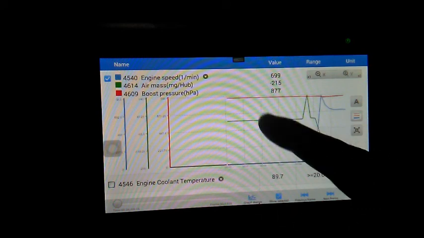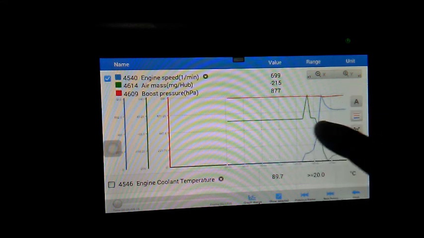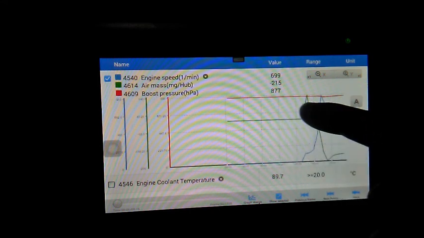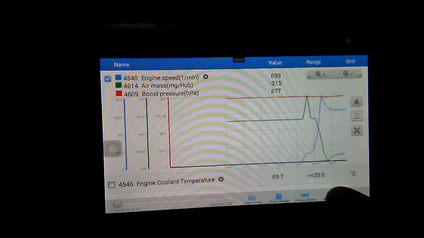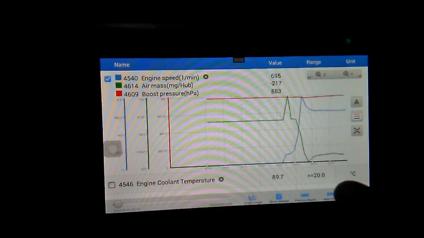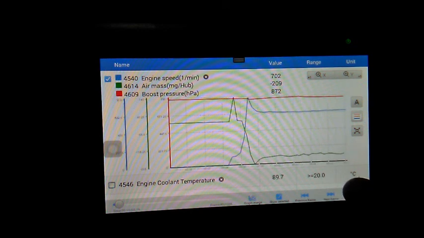Let's graph those, before I crank the engine. The RPM is in blue, air mass is in green, and boost pressure is in red. So all that looked a bit normal.